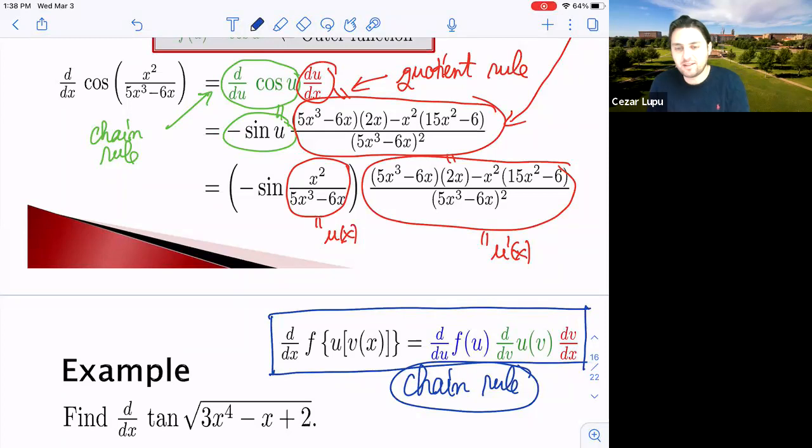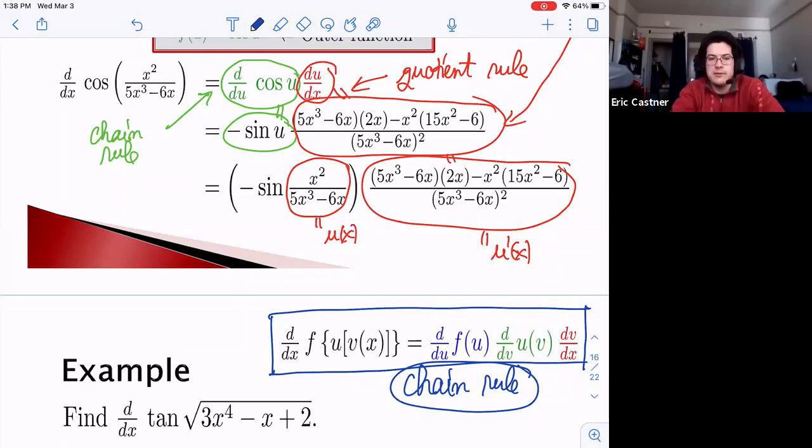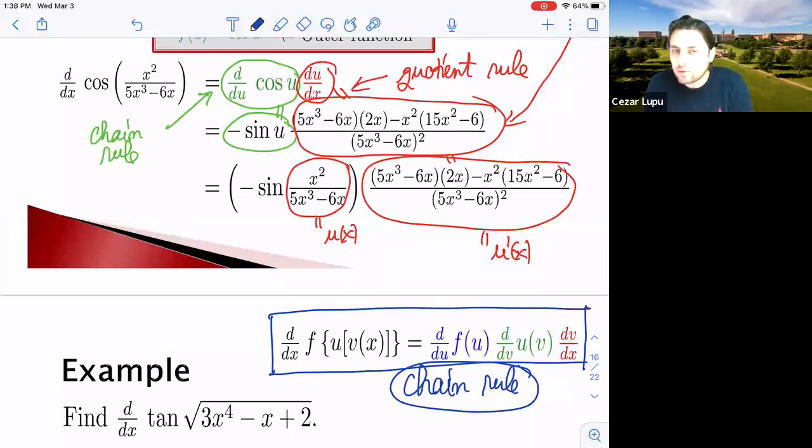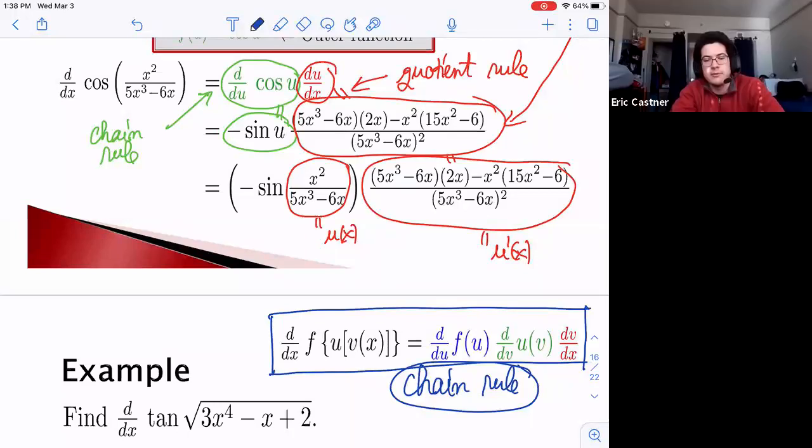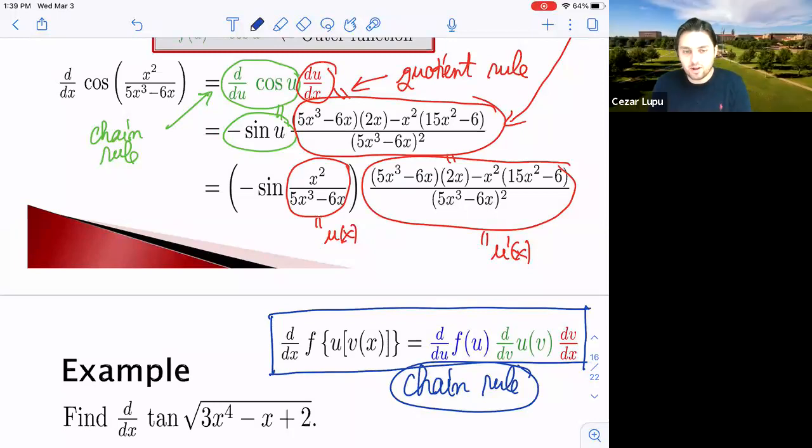So we have three functions. So let's identify them. The inside function? And somebody says here, Josh says will be the square root of V, correct? So U of V is square root of V.